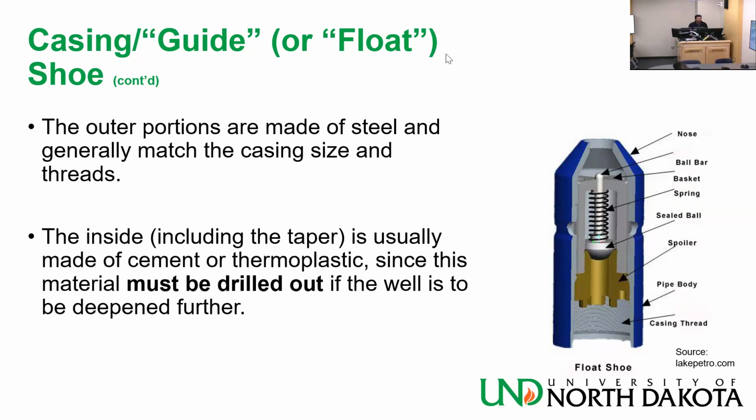The inside, including the stabber, which is basically the float valve, is made of cement or thermoplastic. Since the material must be drilled out, thermoplastic will disintegrate by application of heat. When you drill, temperature goes up, which helps you break it. Any questions on this stuff? Pretty simple, pretty simple.